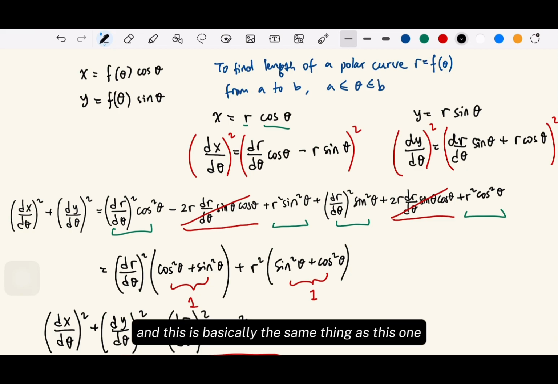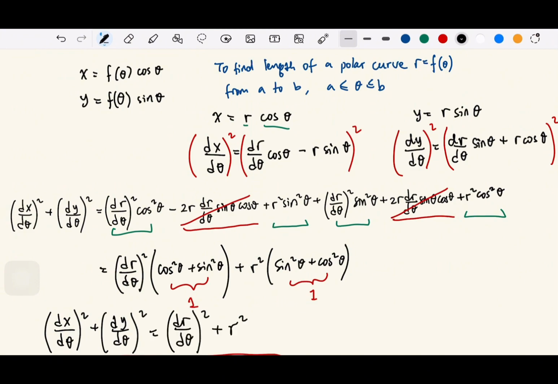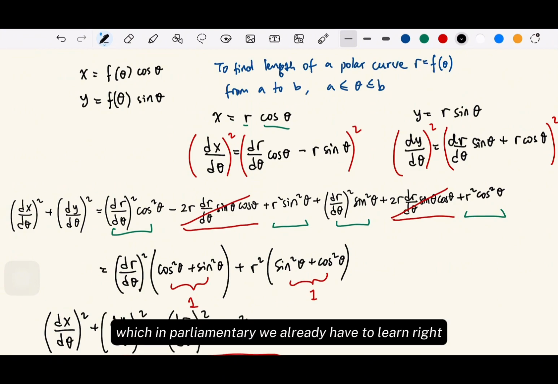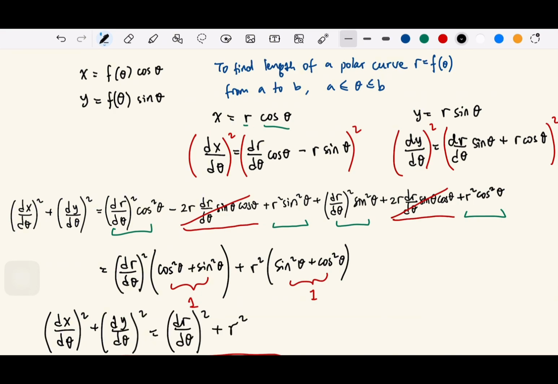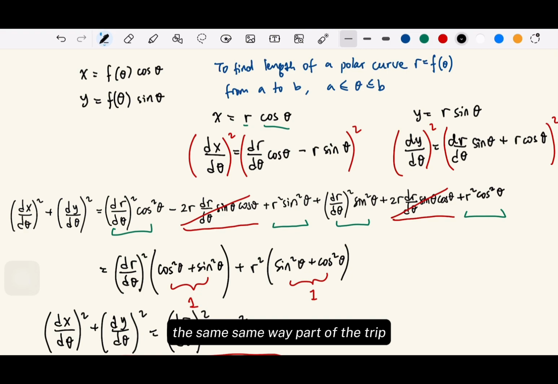Okay. And this is basically the same thing as this one, which in parametric we already have learned, right? So you just plug into the formula and then integrate, and that's your arc length. Okay? The same with parametric.